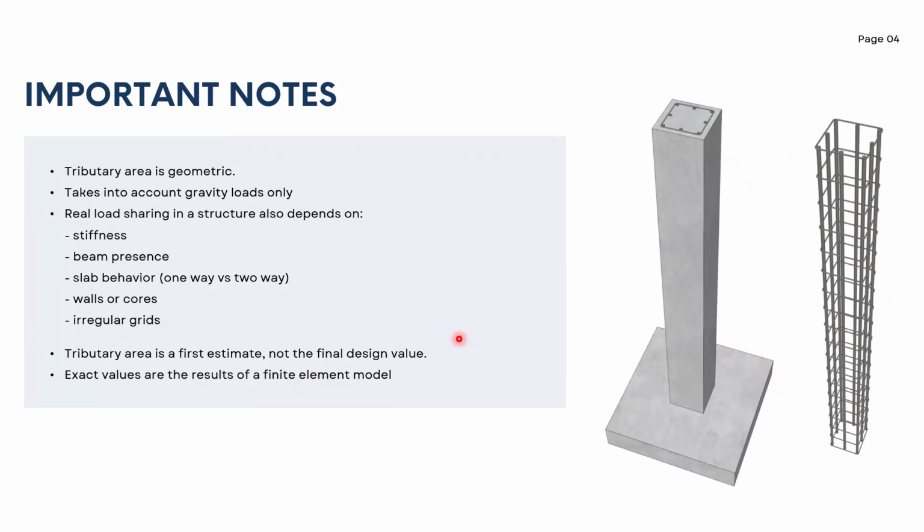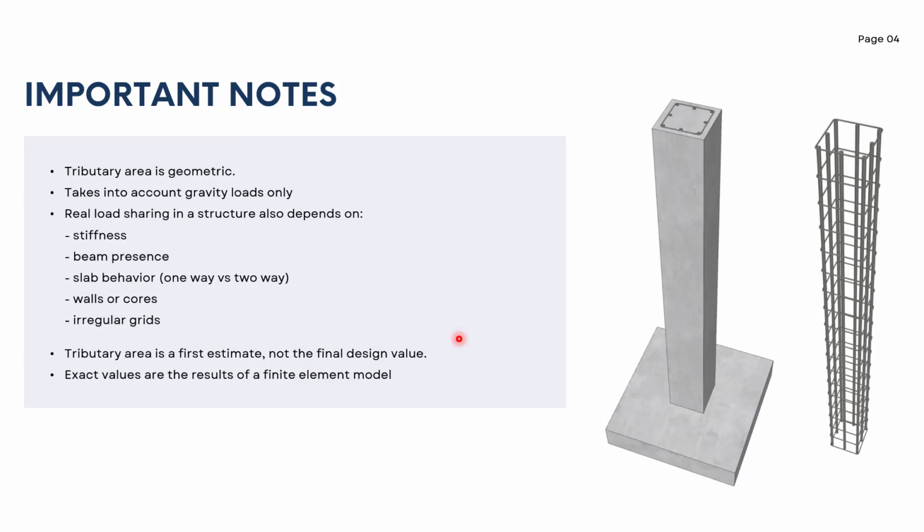Before proceeding, there are some important notes you need to remember. This method is only geometric and approximate, okay? It does not give any exact results. Also, it takes into account only gravity loads. So it's not exact because the software also takes into account the seismic loads and the wind loads. So there are a lot of other factors that are taken into account.